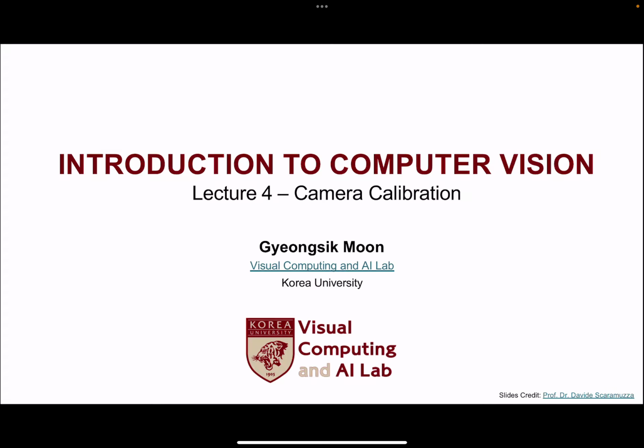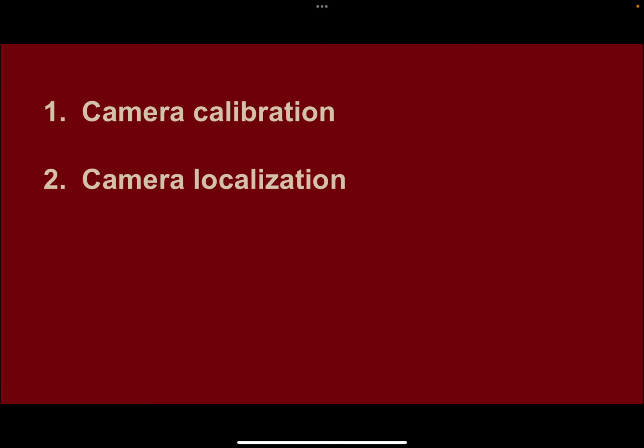SIFT is a dominant feature for image matching, which is a scale invariant feature. And today we will proceed to camera calibration. There will be two topics, camera calibration and camera localization. Actually, camera localization is a subset of camera calibration, so it is mostly about camera calibration.